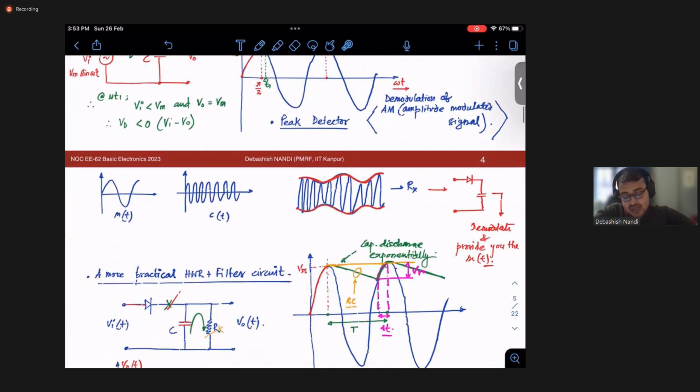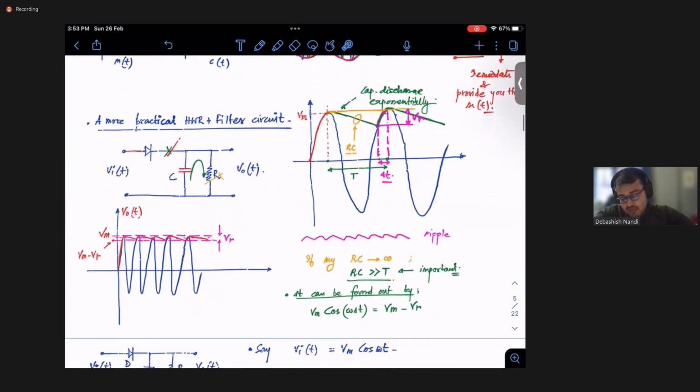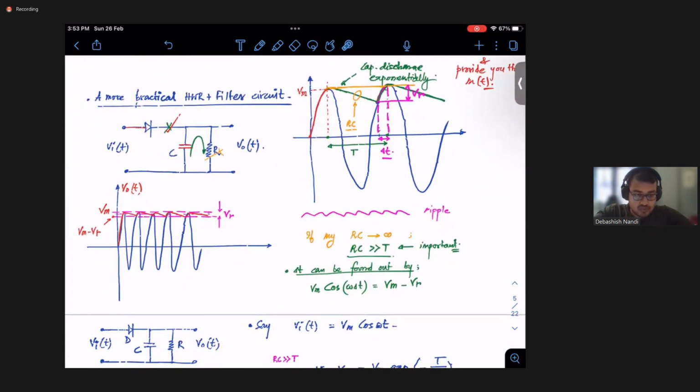So we have seen the usage here, that it can be used in demodulation of amplitude modulated signal. Then we went to the more practical one, where there will be some resistance and the capacitor will be discharging. That means my time constant is not infinity. That means the peak voltage will get reduced and the capacitor will get discharged.